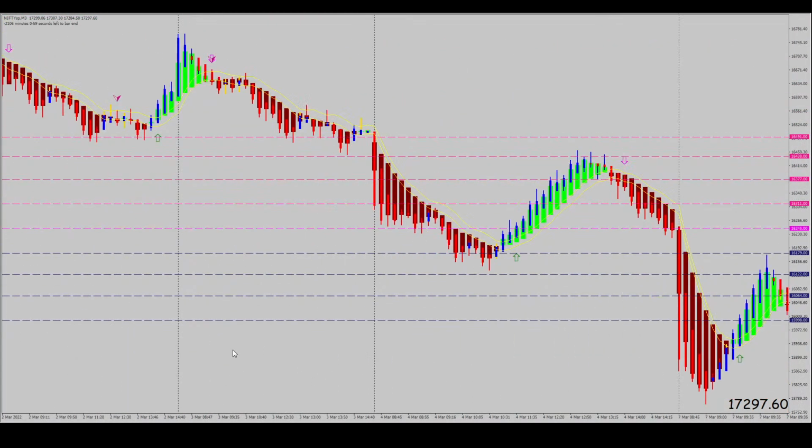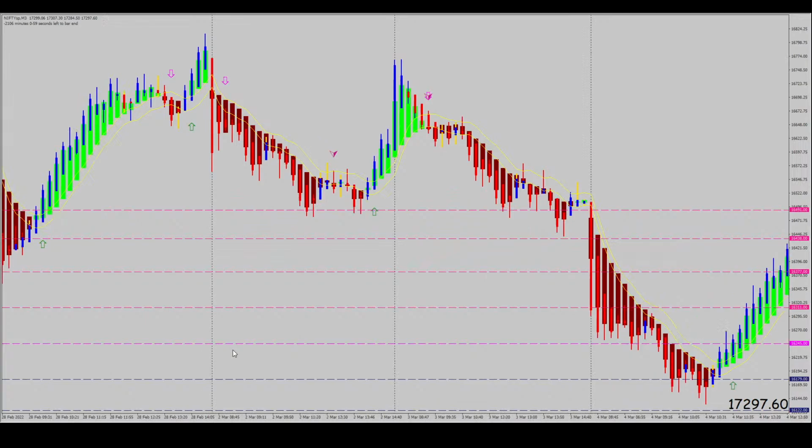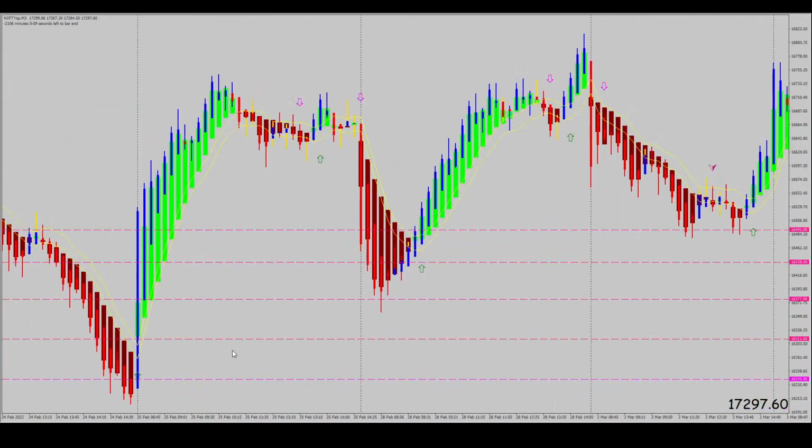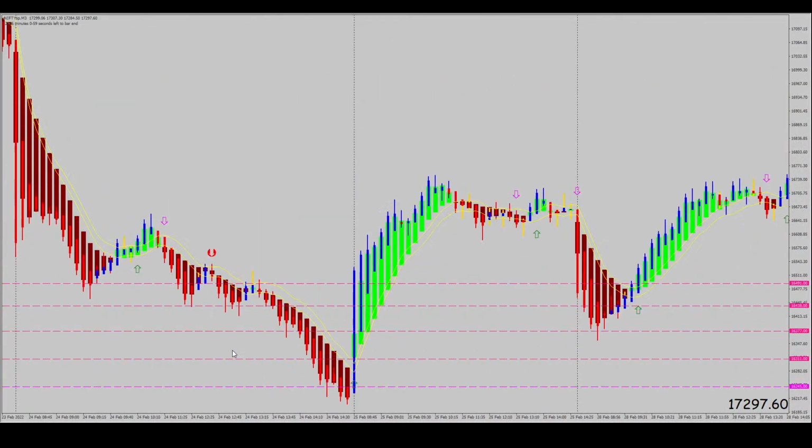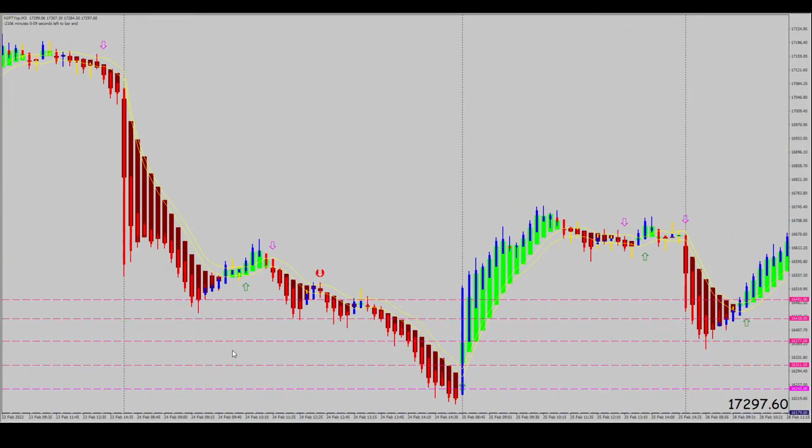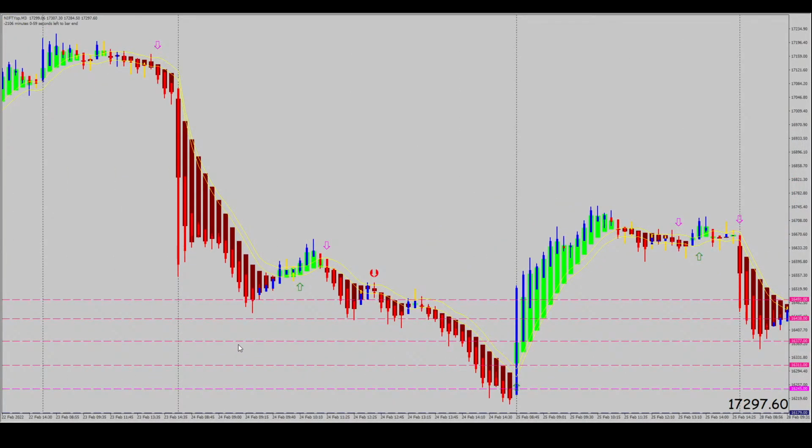Now let's take one classic day, one last day as an example, and I'll try to showcase different types of trades that have been taken by the system. As the last example, this is on 24th February. So let me pull up 24th February data.